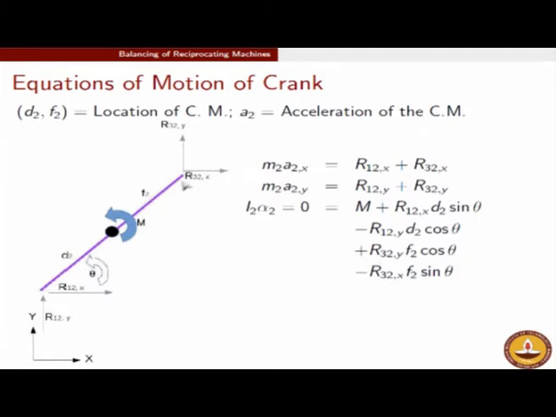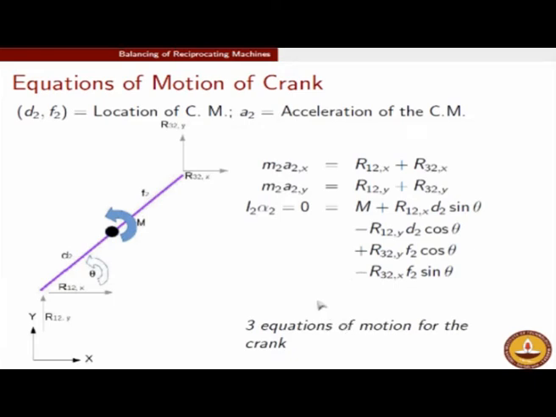And similarly R32,y is going to create a counterclockwise moment like M, and therefore R32,y comes with a positive sign, and the moment arm corresponding to this will be exactly F2 cos theta. So this is a set of three equations which are basically the equilibrium conditions for our crank. So we have three equations of motion for the crank at this stage.